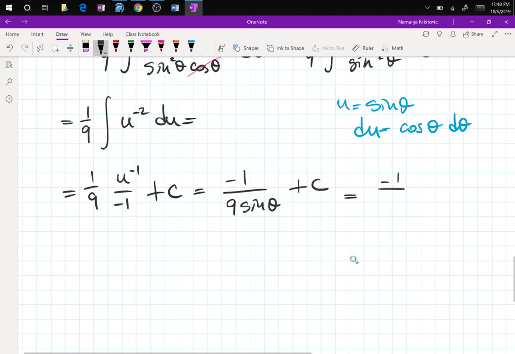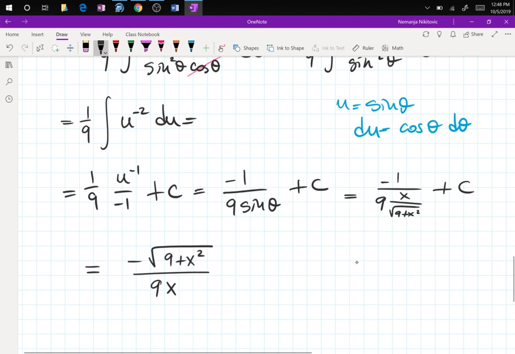So negative 1 over 9 times x over the square root of 9 plus x squared. And then deal with the double fraction. That's going to be negative square root of 9 plus x squared divided by 9x plus c.